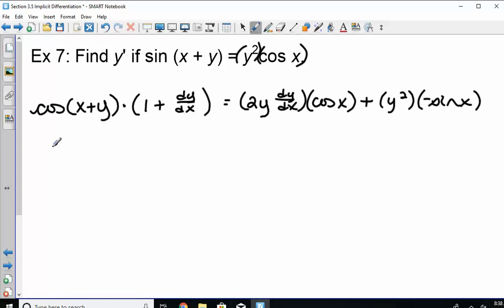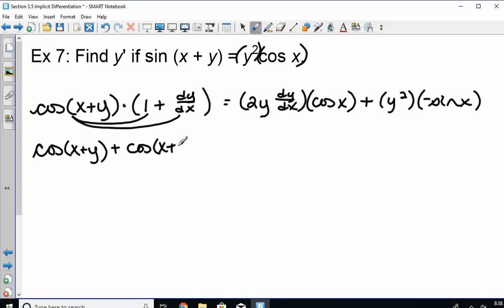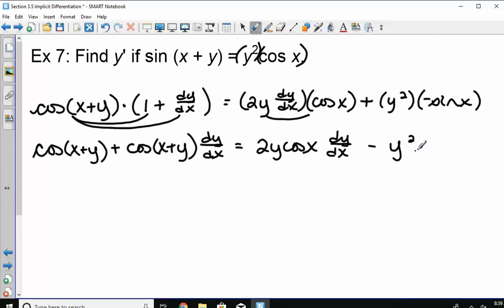So, let's start with distributing over here. If I take that times 1, we just get cosine of x plus y. Plus cosine of x plus y dy dx. Multiply those, we get 2y cosine x dy dx minus y squared sine x.